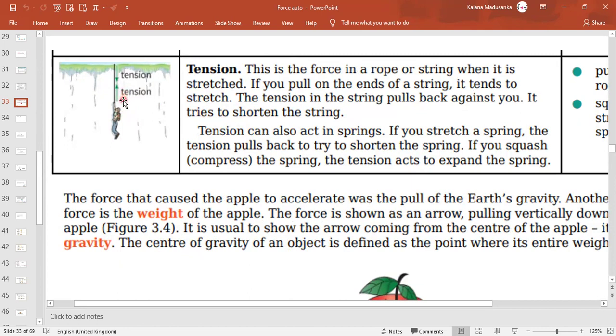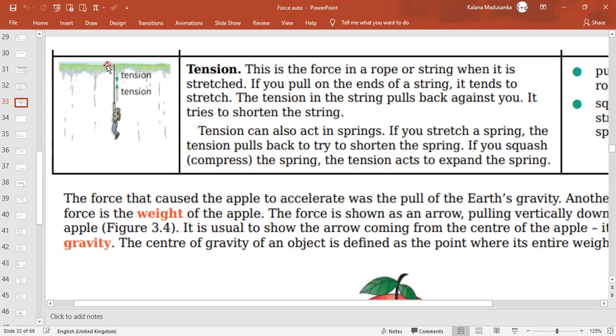From here you can see, due to the man's weight acting downwards, the tension arises within the rope too as a reaction force. It is acting upwards. It tries to shorten the string, right?